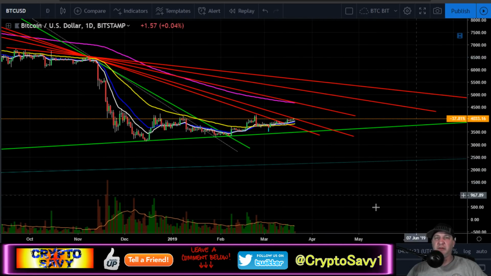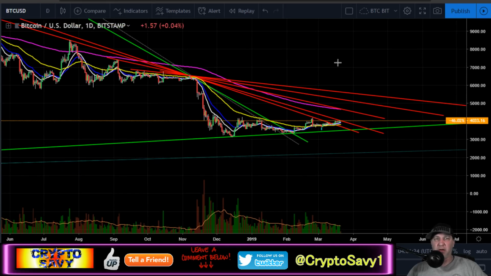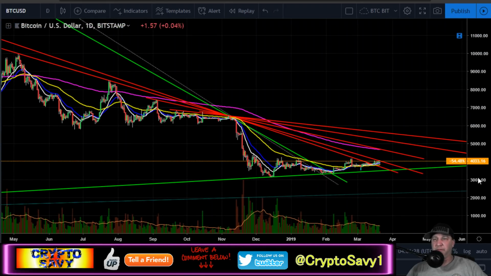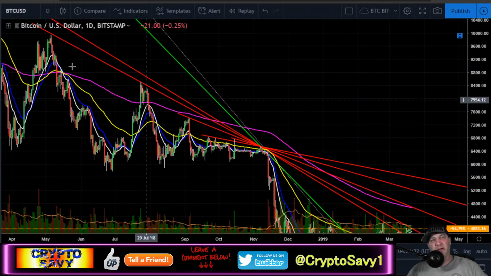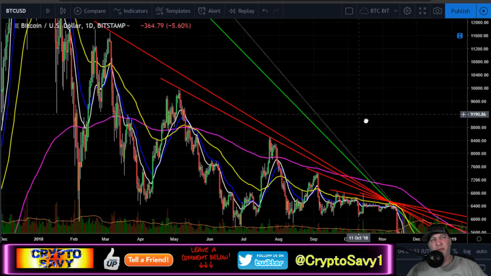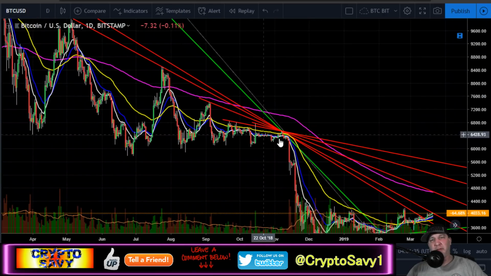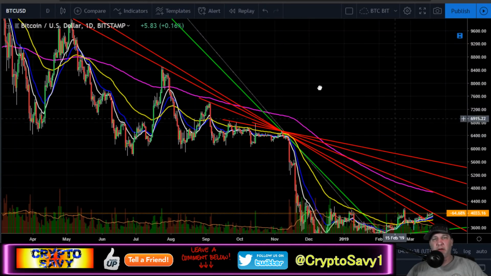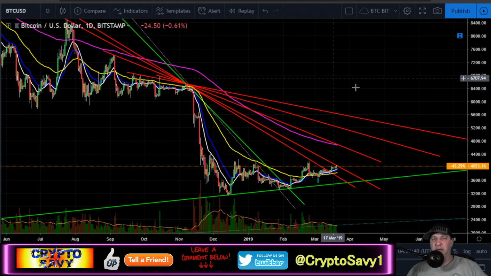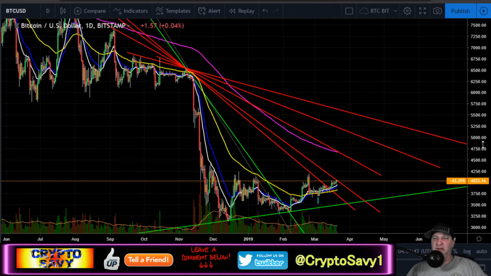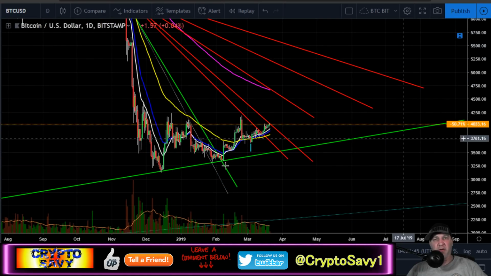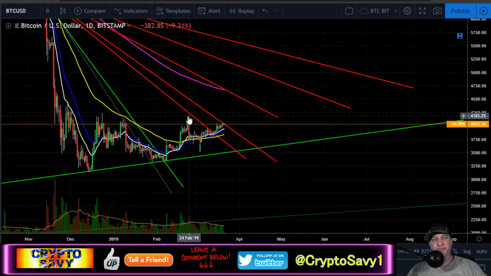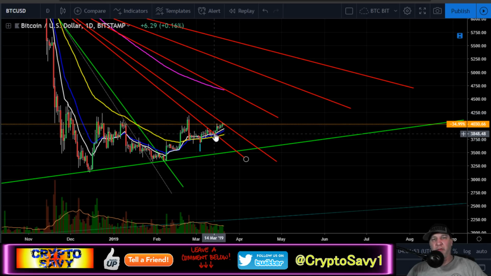But I drew these trend lines, and I'll show you how I drew them if you guys can see it. They're each from the peaks, from each peak here, and they each come down to touch where we broke down from the 6,000. And you can see these all have significance here. We've touched this one, came back down, retested it, broke through it.